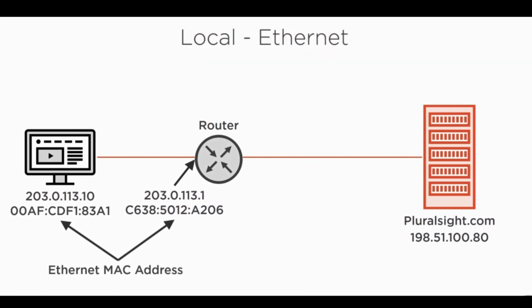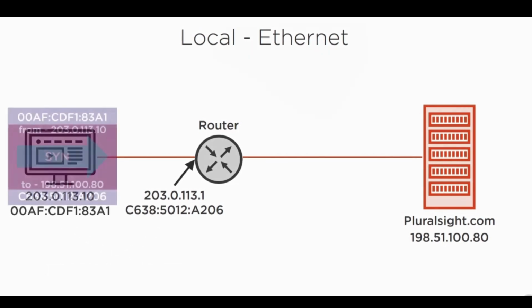An Ethernet MAC address is an identifier for Ethernet communication locally. Now, in order for us to be able to send a message from our workstation to the global address at Pluralsight, 198.51.100.80, I need to take that global addressing and I need to put it in another little envelope, a container, that has my local addressing as well.